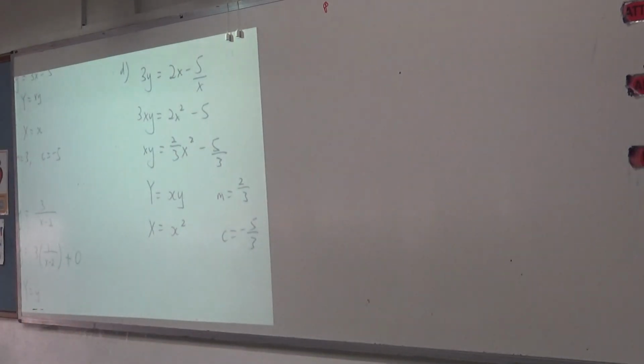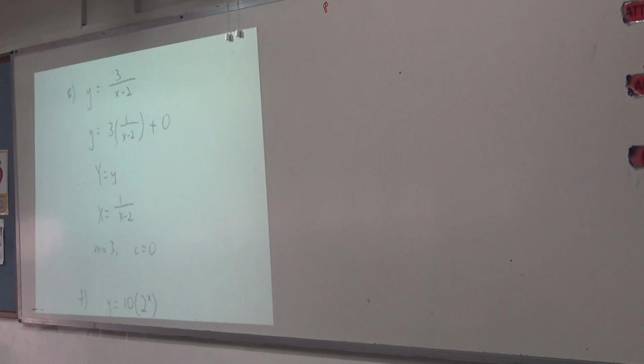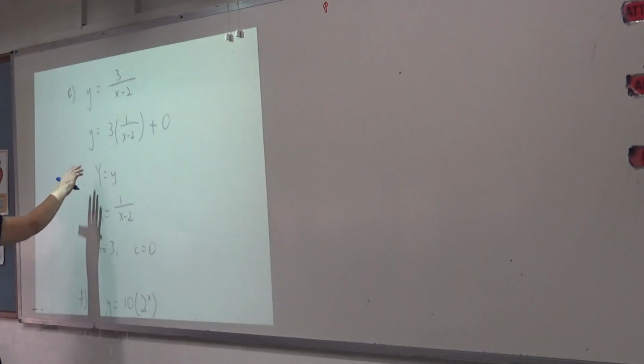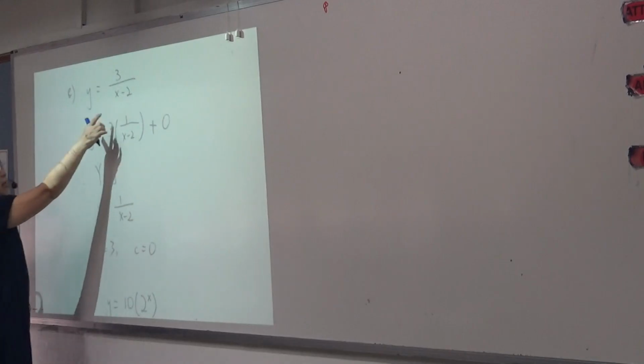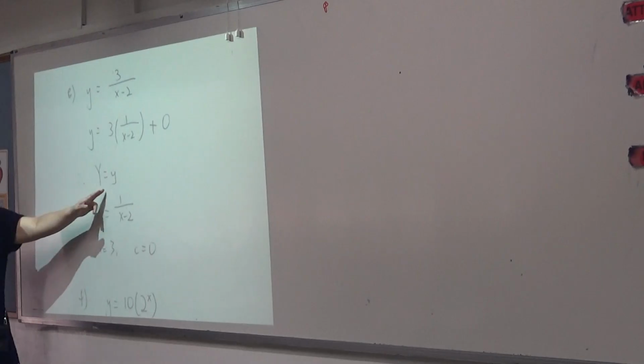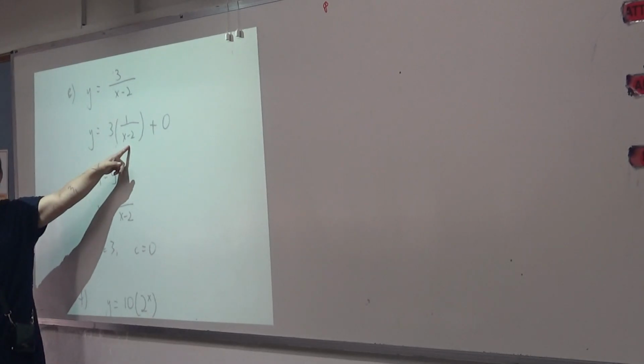Next, your part E. Now this one is slightly more difficult. Let's look at part E. Now, everybody look up. This one a lot of people might make mistakes. Do you agree this is y equals 3 times 1 over this plus 0? So what's my capital Y? Little y, right? What's my capital X? It's 1 over this.